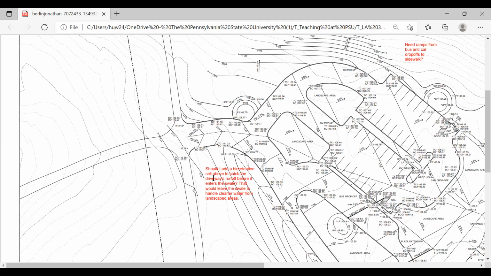Do you mean this area? Yeah, right, you could add one. I think at least, okay, so at one point it started to turn.